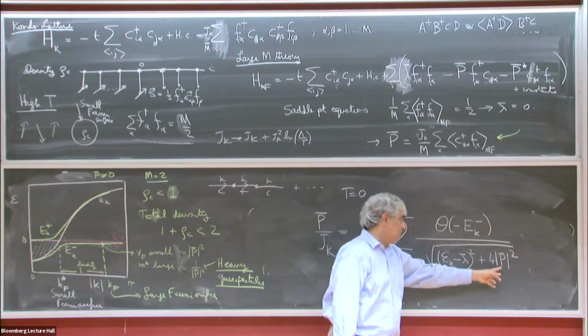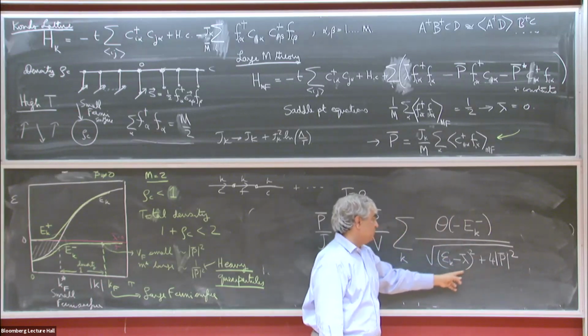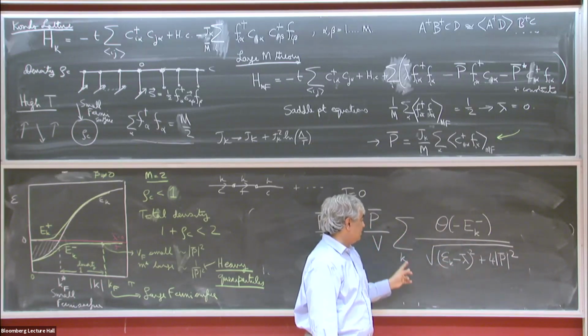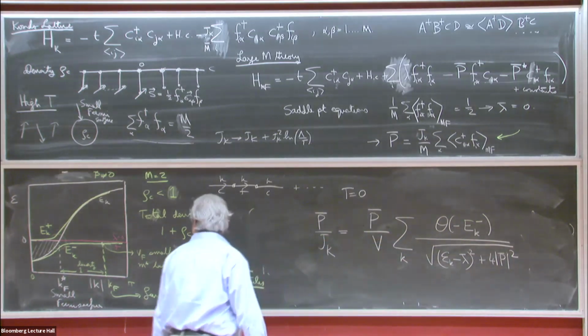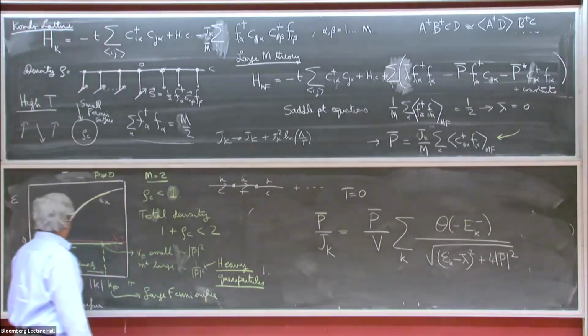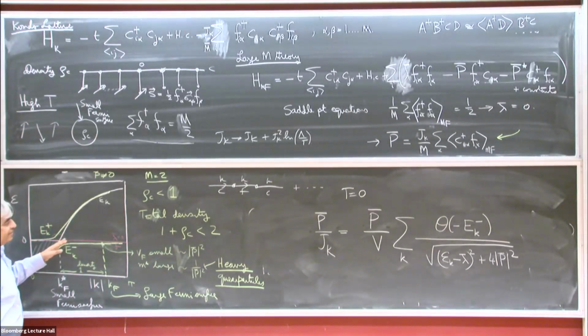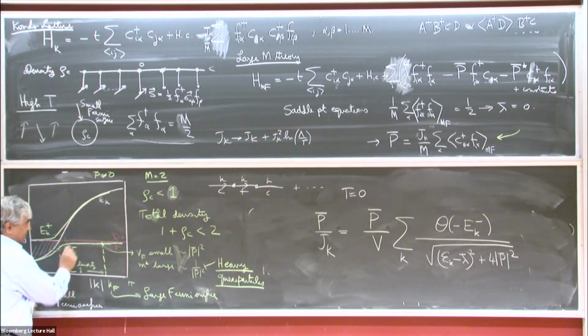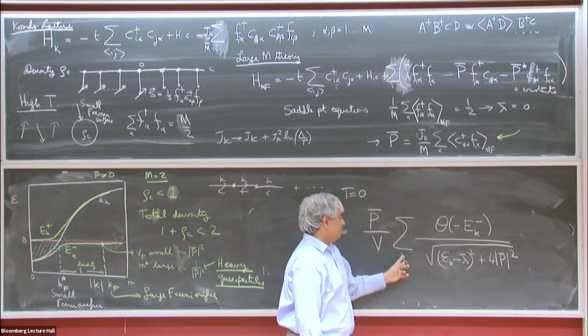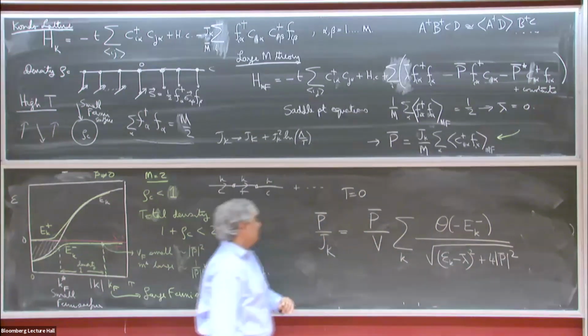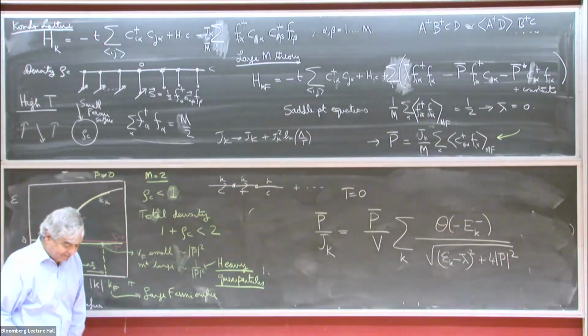As P bar goes to 0, there's a log here associated with the integral of EK. EK minus lambda bar is also somewhere over here. So there's a zero from here that you have to worry about when you do the integral over K, and that gives you a log divergence. Again, the details are very much in the notes.